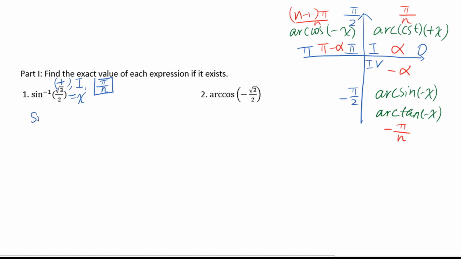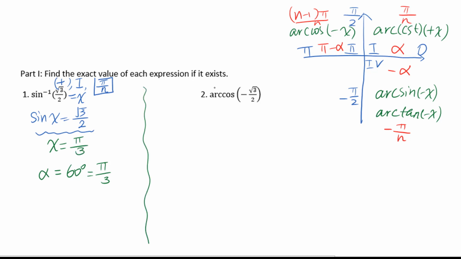We can write sine x equals square root of 3/2. The reference angle will be 60 degrees or pi/3, because sine 60 degrees equals square root of 3/2. Therefore, x equals pi/3.